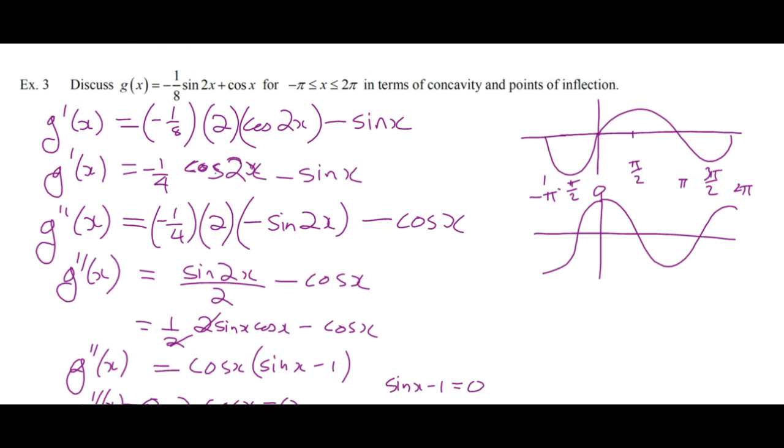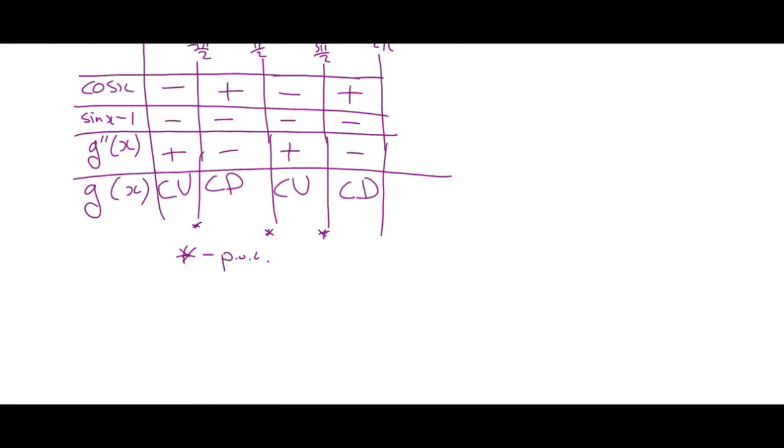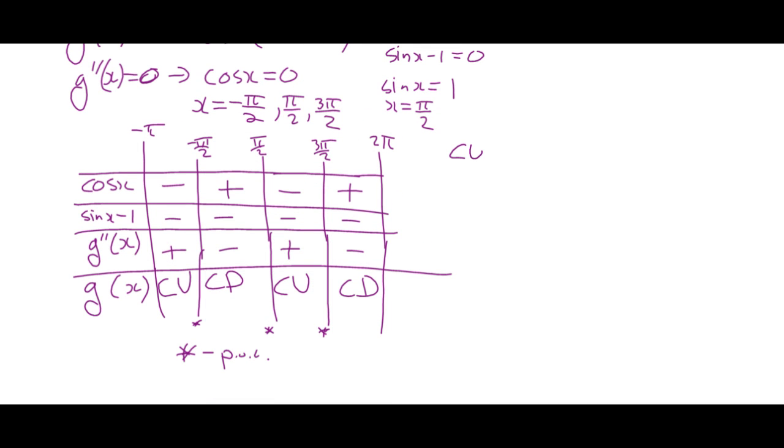Right, what we're doing in terms of concavity and points of inflection. So concavity then, we could say it's concave up on the interval negative pi to negative pi over 2 and pi over 2 to 3 pi over 2.